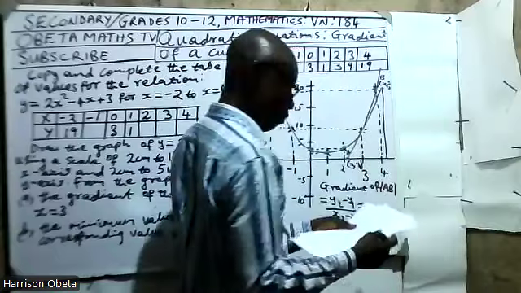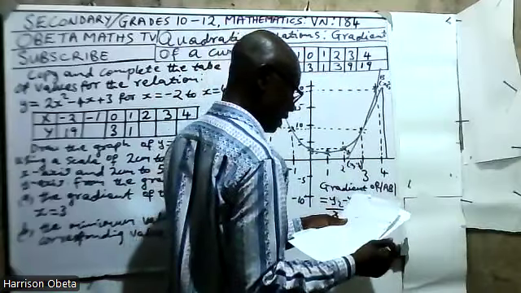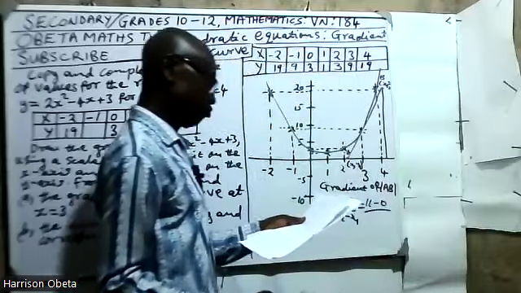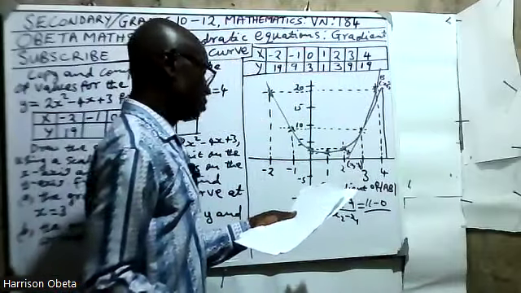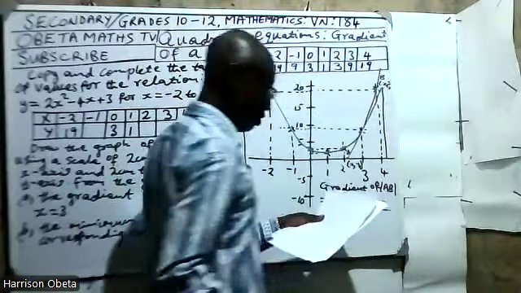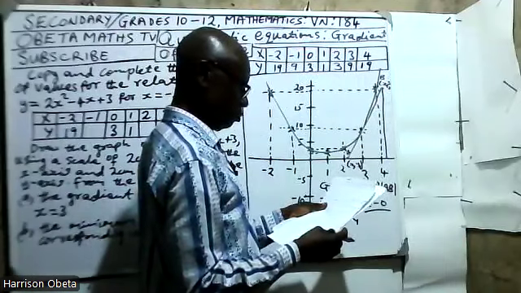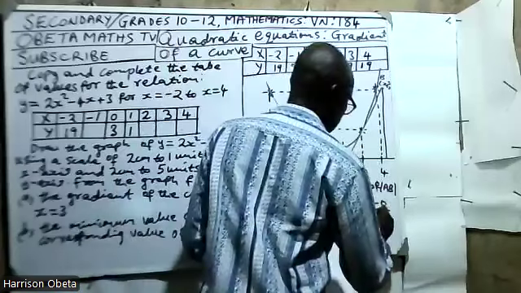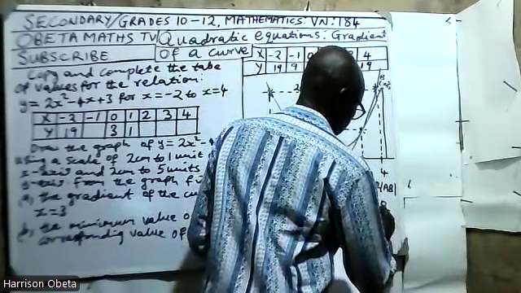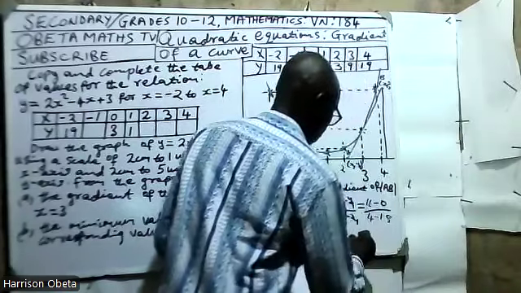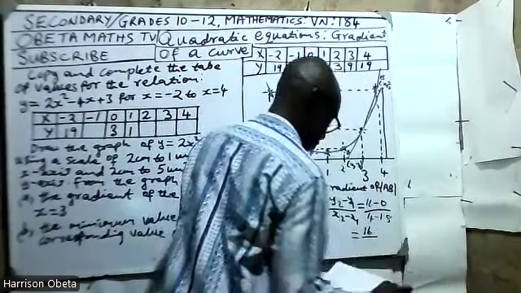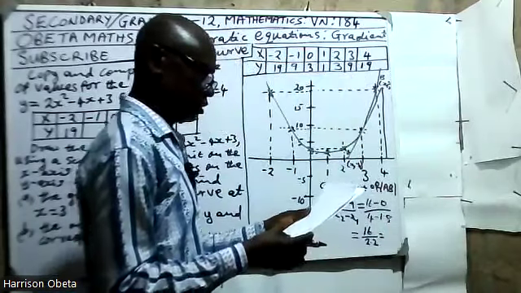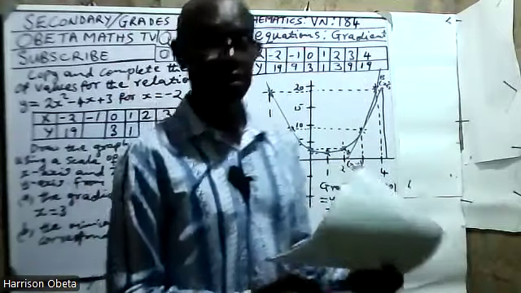So when I carried out the subtraction, I had 16 minus 0 all over 4 minus 1.8, because at the top my own gave me 4. 4 minus 1.8 gave 16 over 2.2, and I ended up with 7 point, let me cross check.